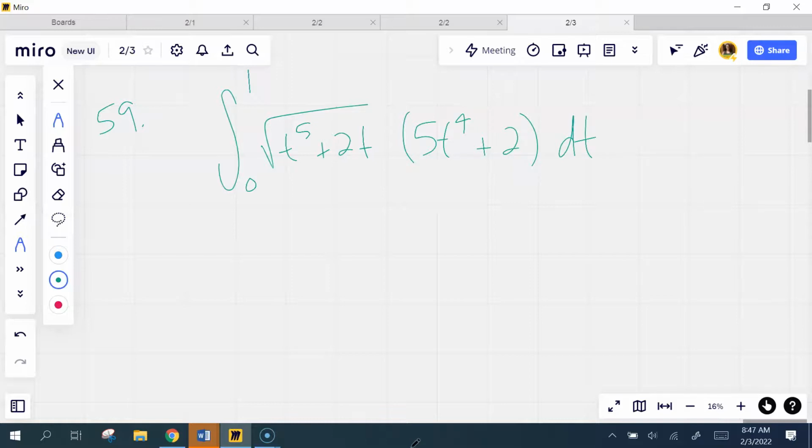Evaluate the definite integral. Always think about which part, if you take the derivative of something, has that derivative in there, and that would be your du.